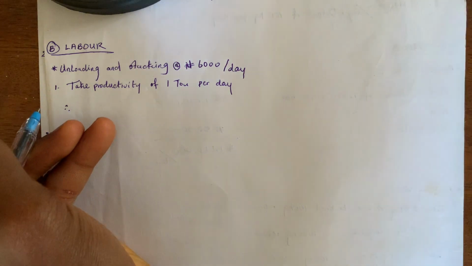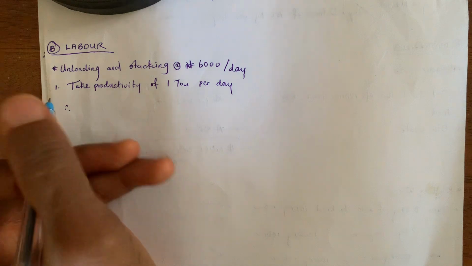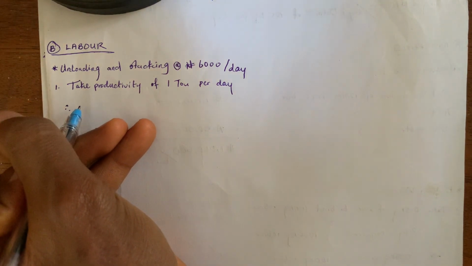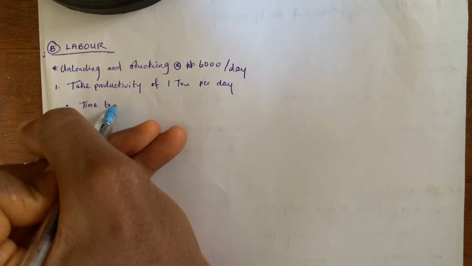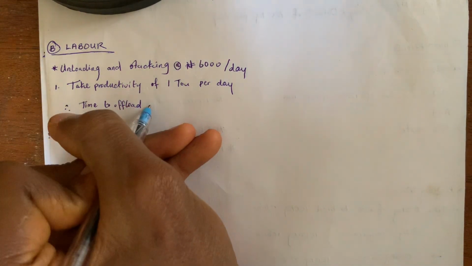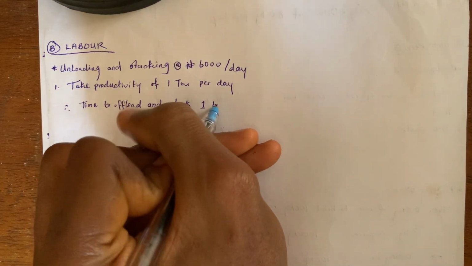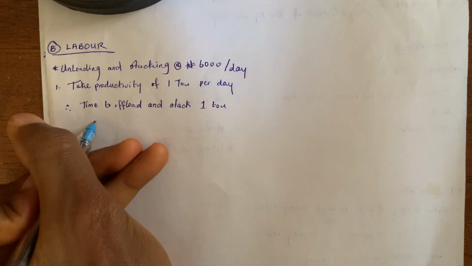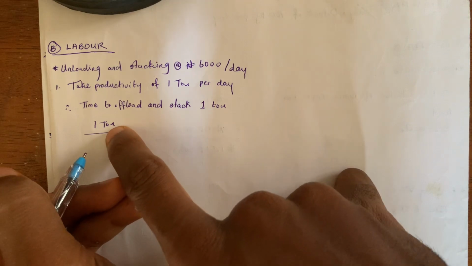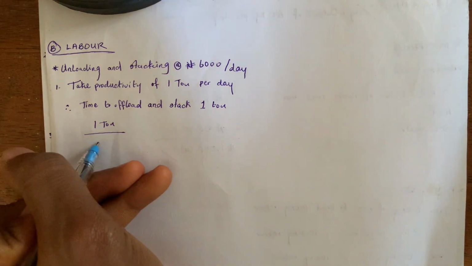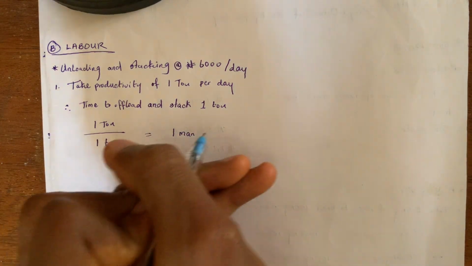Therefore, if it is 1 ton that we ought to be using, you can now say time to offload and stack 1 ton will now become 1 ton, which is the total amount of rebar we need, divided by the productivity, 1 ton per day, and it will be equal to 1 man day.